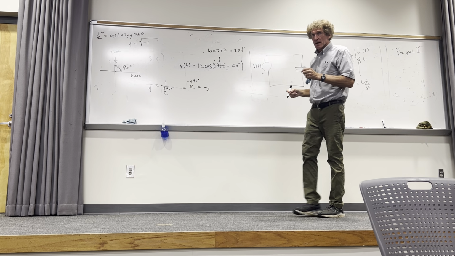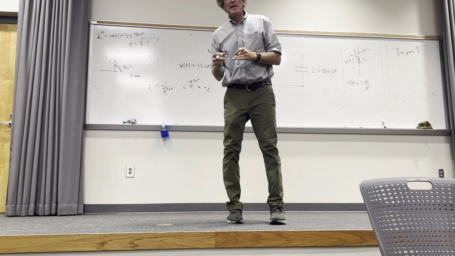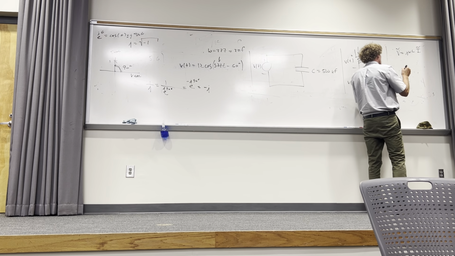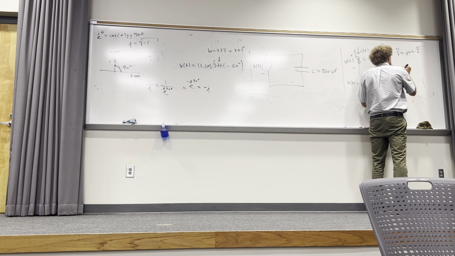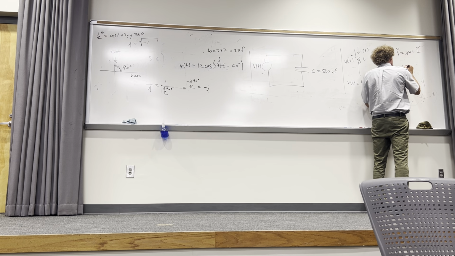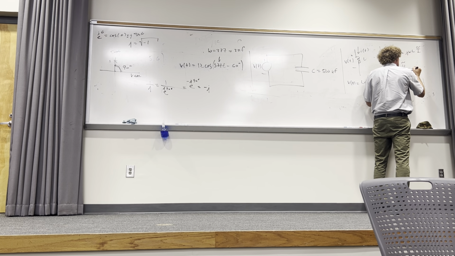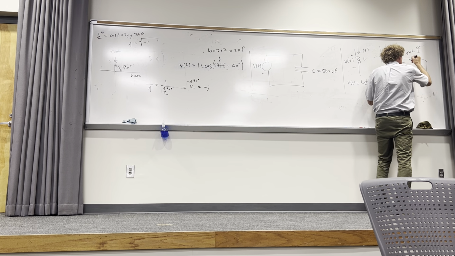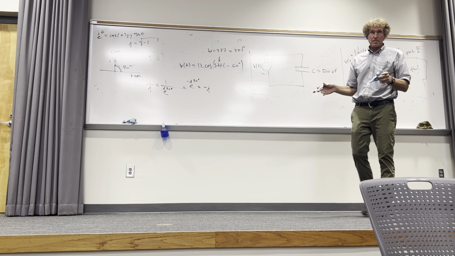Now the complex impedance of an inductor is just going to be equal to the ratio of V tilde over I tilde, and that's simply j omega L. And that's it. Now, can y'all follow me on this?